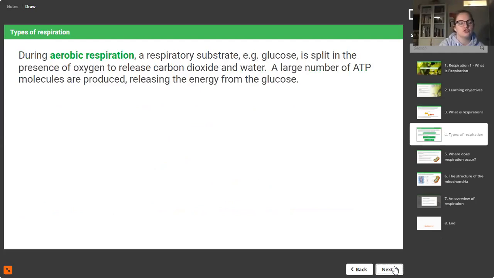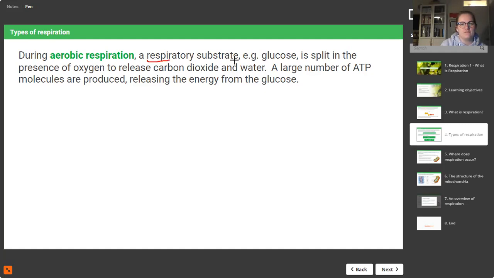So we have got two types of respiration: aerobic respiration and anaerobic respiration. Aerobic respiration is respiration that takes place in the presence of oxygen, with a respiratory substrate. What we mean by a respiratory substrate is one of those complex molecules.